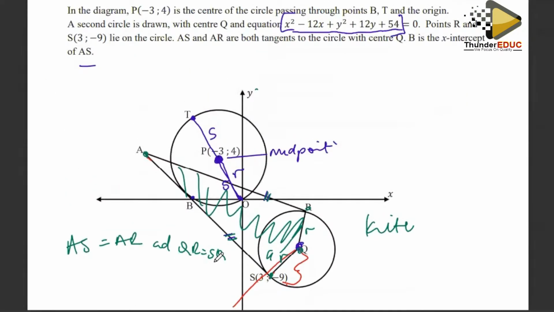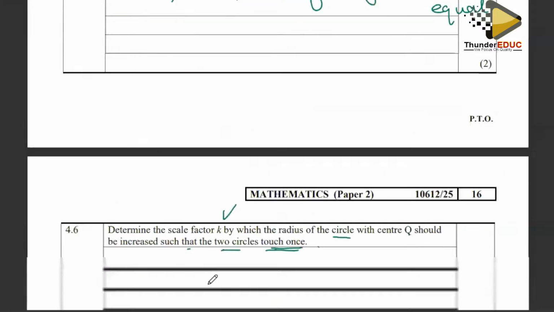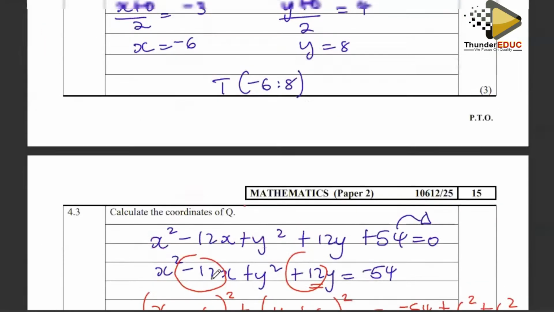Now, which circle are we looking at? We're looking at Q. In other words, this Q must be increased. But we want to see by how many times. The question never told us how many points, but they are telling us they must touch once. Okay, all right, that's perfect.